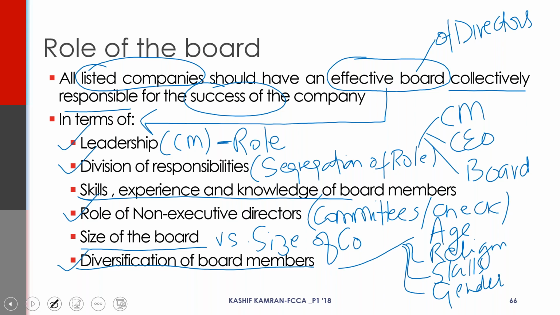In terms of more depth. But are you clear in terms of being effective means what? Effective in terms of leadership, effective in terms of division of responsibilities, effective in terms of skills, effective in terms of NEDs, effective in terms of size of the board, effective in terms of diversification. Is that clear? Board should be effective.